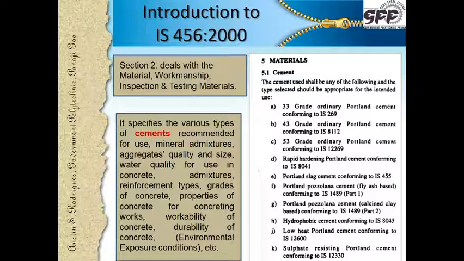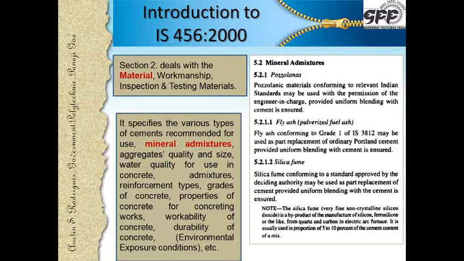Clause 5.1 deals with cement, and it tells about the different types of cements which are appropriate for the production of plain or reinforced concrete. So the type of cement is given and the relevant code is also mentioned along with that. The grades of the cements are also mentioned over there. So based on this, we can procure the cement and use the cement while preparing the concrete for either plain concrete or the reinforced cement concrete.